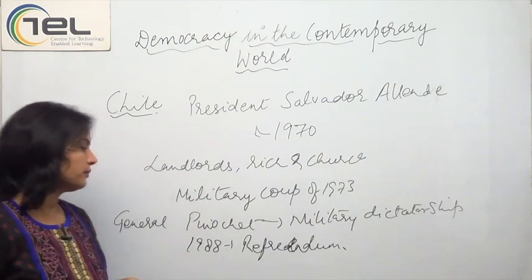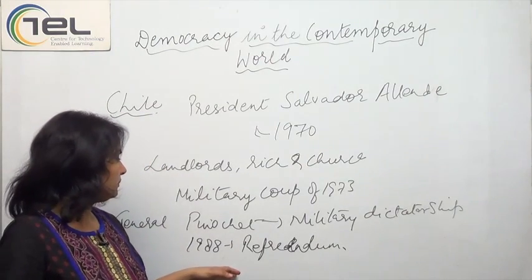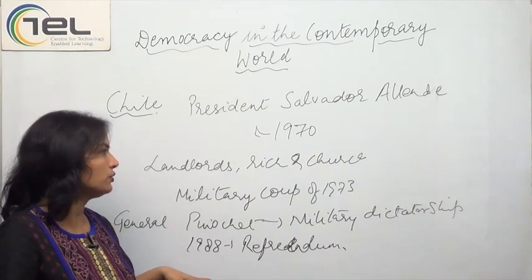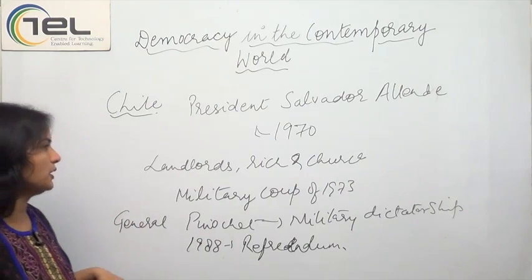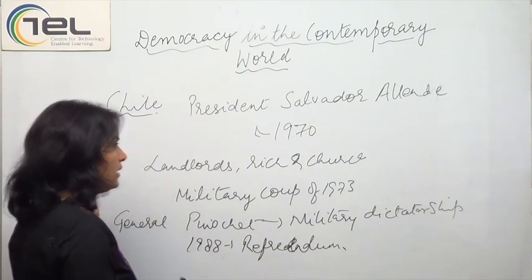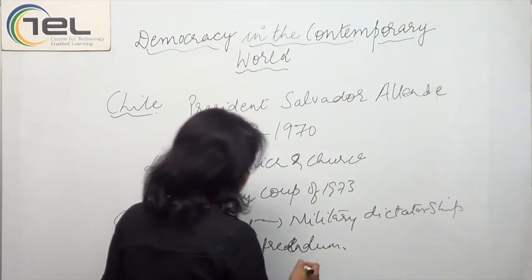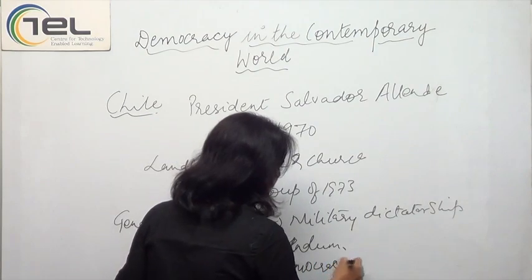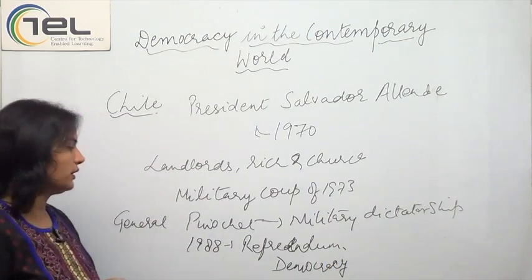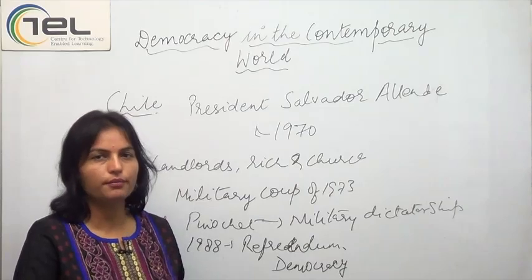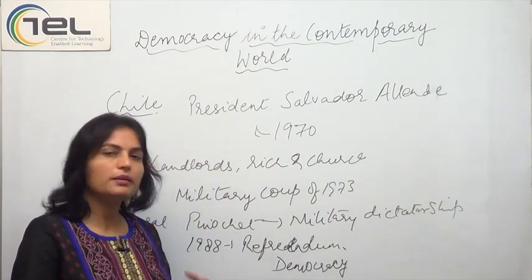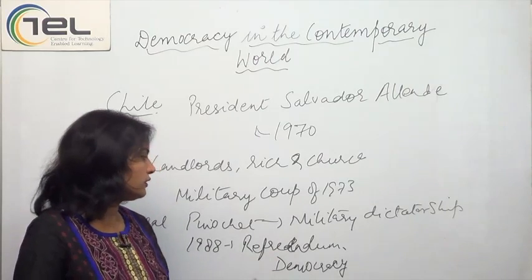In the referendum, people didn't favor Pinochet, and as a result, Pinochet had to step down. And finally, democracy was restored. Some other democratically elected president came in, and democracy was finally restored.